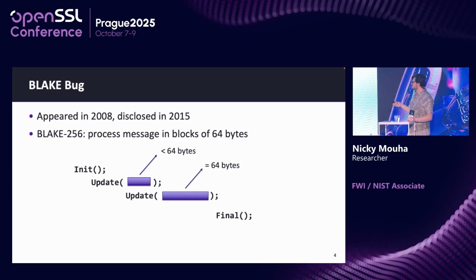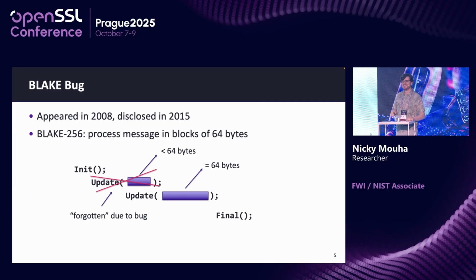If you call init, then update on a block of less than 64 bytes, and then update on a block of exactly 64 bytes, then the first call to update is forgotten. It's as if you didn't make it. So the result of calling init, update, update, final is the same as calling init, update, final, where you don't process the first block, due to a bug in the implementation.